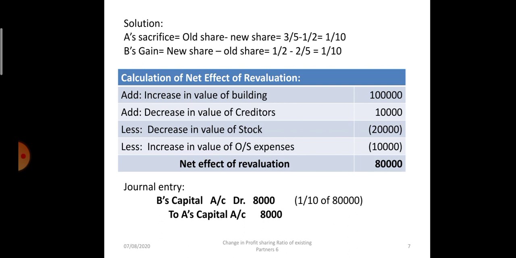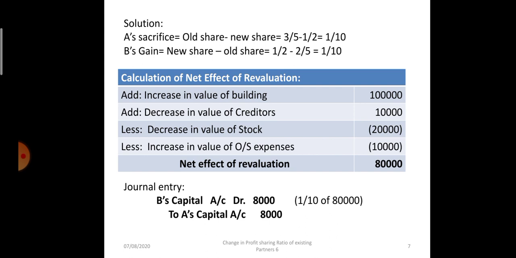Again I am discussing this point. First we will find out the gaining and sacrificing ratio. Here A is sacrificing 1/10 of his share, and B is gaining 1/10 of share. For the net effect of revaluation, there is an increase in the value of building, so it will be added. Decrease in the value of creditors, liability is decreasing, so it will be added.